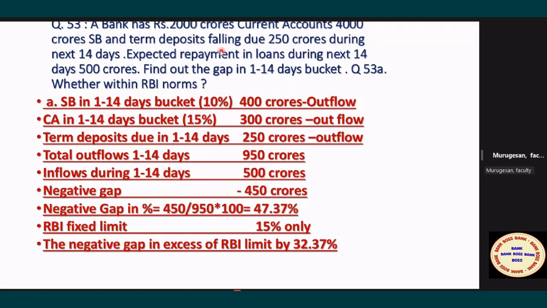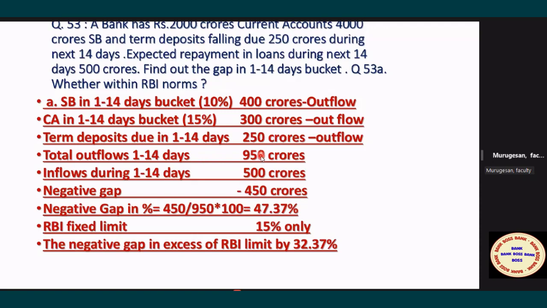Now the current account of 2,000 crore is 15%, so 300 crore is an expected outflow. The next data: 250 crore is likely to mature during these 1 to 14 days, so it is also an outflow.